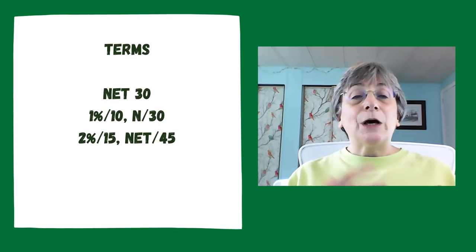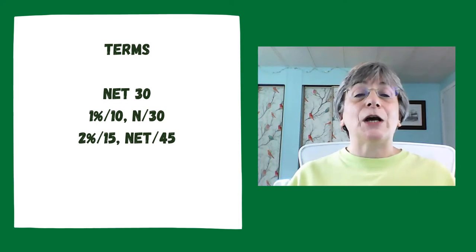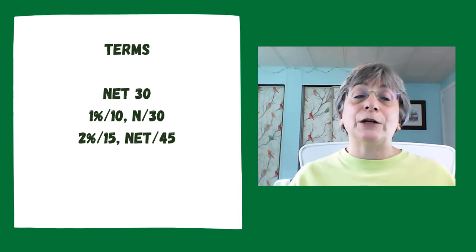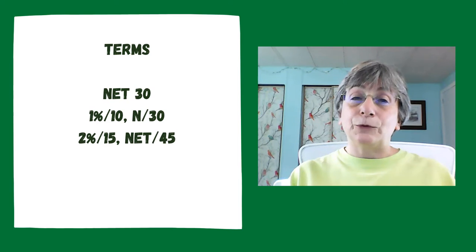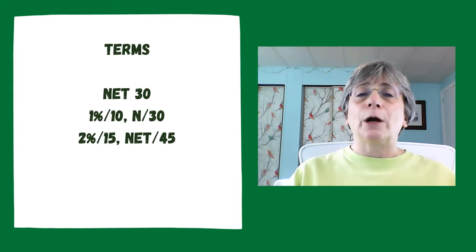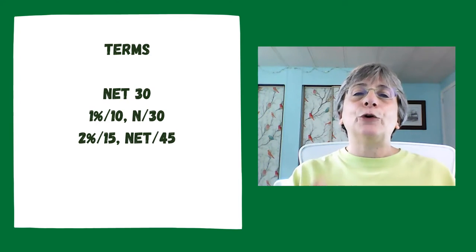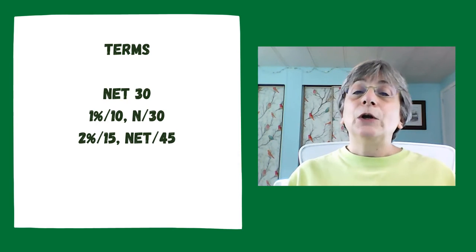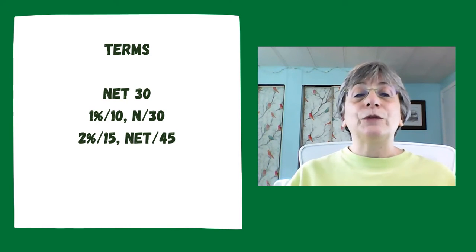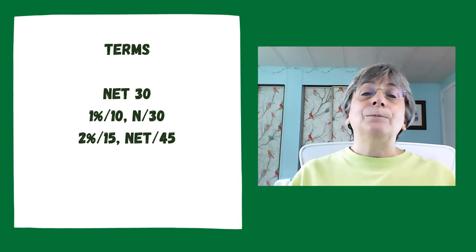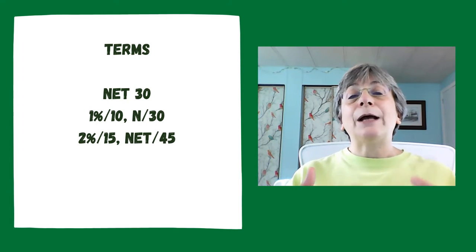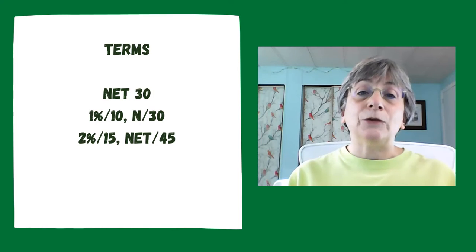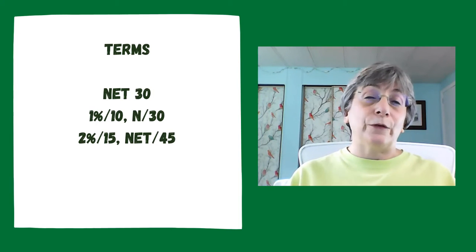Now, one thing we need to understand for both our sales transactions and our purchases transactions is terms. We offer terms to our customers, and our vendors offer terms to us. If you see terms that say net 30, it means that bill has to be paid in full within 30 days.